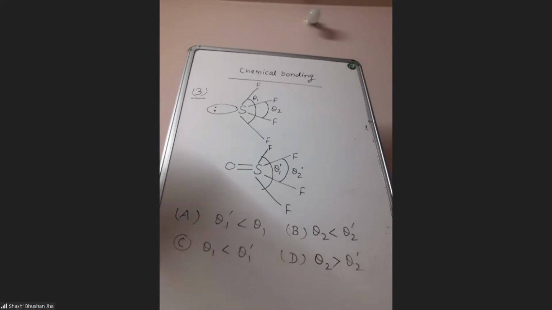So we'll get B with A, because theta 1 should decrease. Theta 1 won't decrease that much as theta 1 dash, but because fluorines come nearer to the other two fluorines, those fluorines again get deviated, and theta 2 becomes less than theta 2 dash.